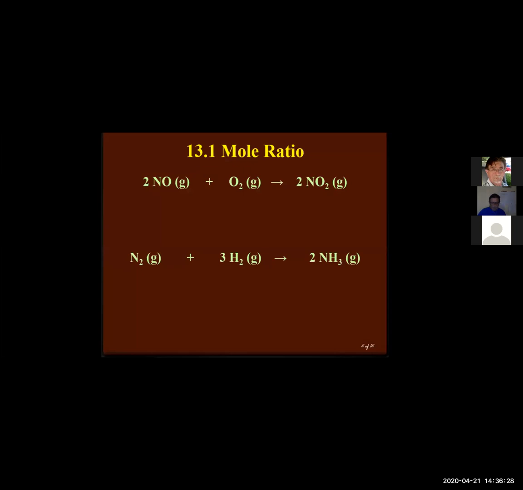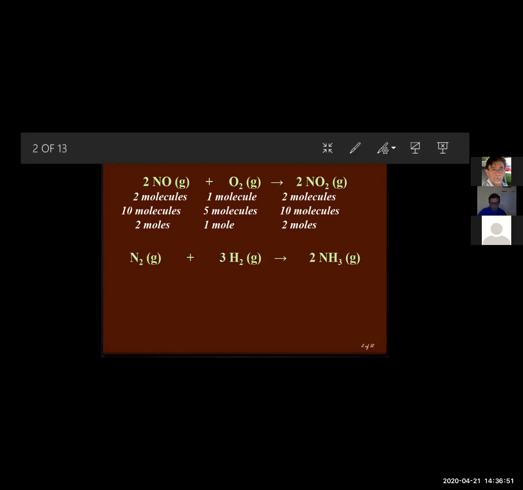Let me begin here. Okay, so here we have an equation where we got NO reacting with oxygen to give us nitrogen dioxide. Now when we balance it, we had these coefficients we put up front, which tells us, for example, that it takes 2 molecules of NO to react with 1 molecule of oxygen to give us 2 molecules of nitrogen dioxide.